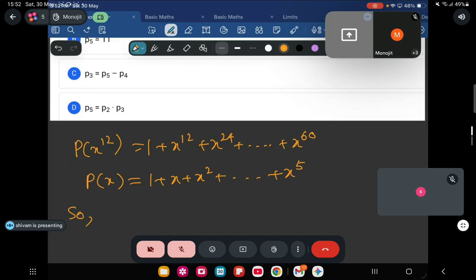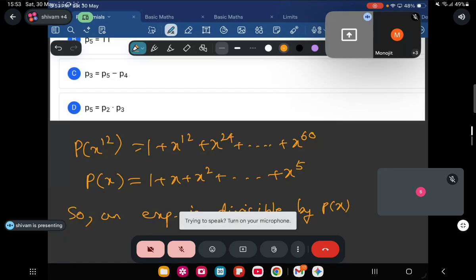So can I say that p(x) to the power 12 is divisible by p(x)? I mean, an expression is divisible by p(x). A similar kind of problem I did in the class, if you remember, where it was x to the power 4 plus x cubed plus x squared plus x plus 1.